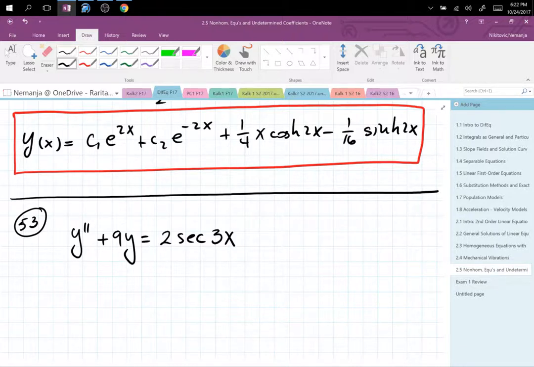I gotta take 1 over x times cosine 3x. Oh, that's the whole way. So I'm gonna go plus 3 sine 3x times cosine 3x. Should be some square. Yeah. It's 3. Yeah. So yeah, back her up.